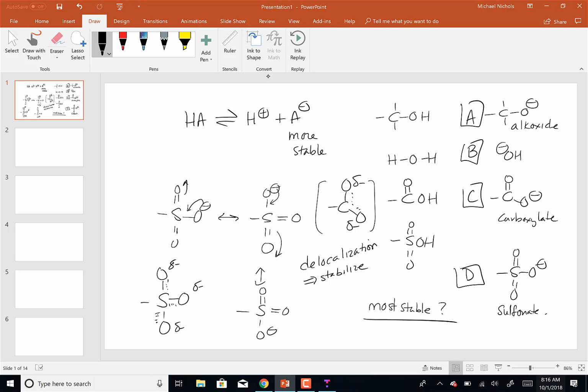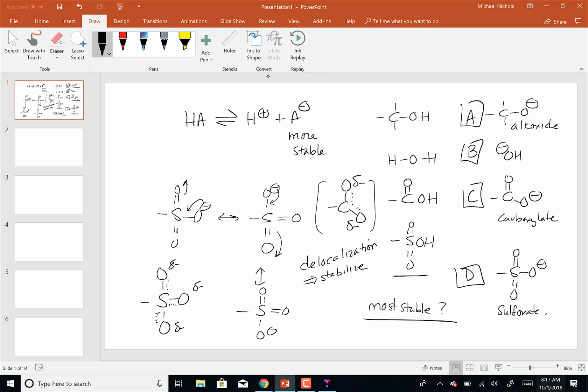So the sulfonate is going to be more stable than a carboxylate because it has one more resonance structure. That's going to stabilize the sulfonate, and it's going to do what to its conjugate acid? It's going to make it stronger.